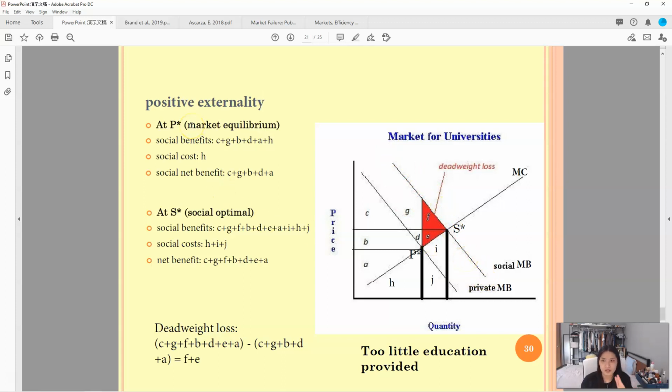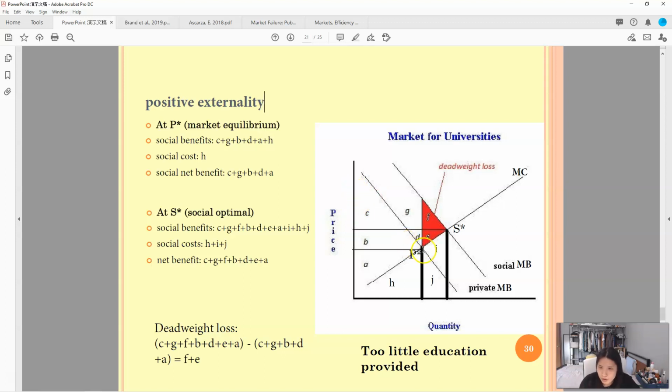So from the individual, or we can say market perspective, I only want to find the point where the private marginal benefit equals marginal cost, that is P star. So let's see the social benefits at P star.